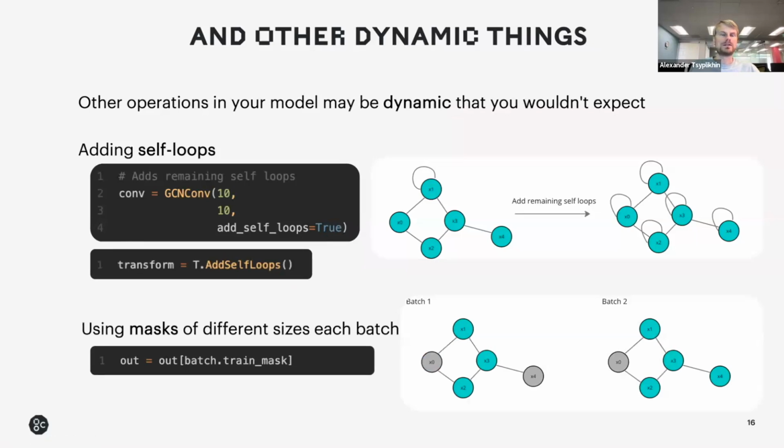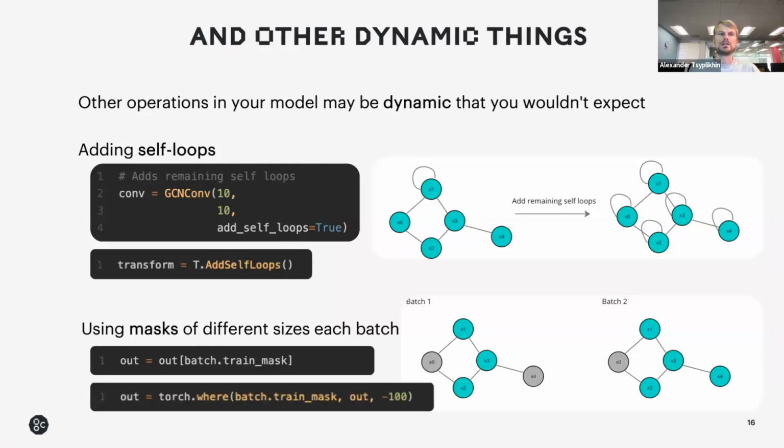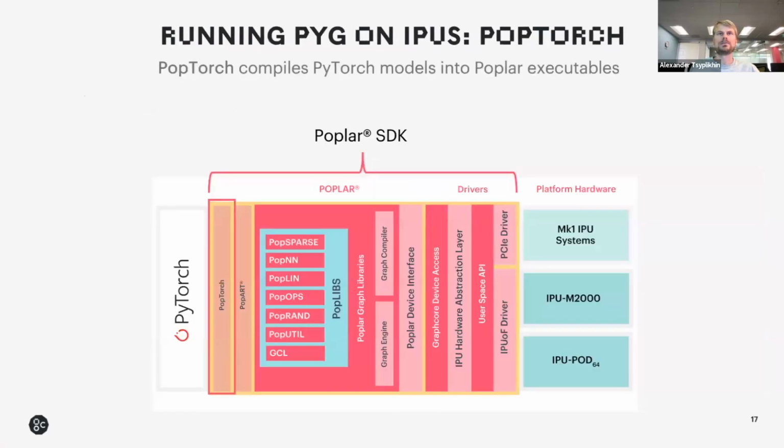If you want to throw away, say, specific nodes from the loss, then instead of selecting as shown here by the mask, you can use the torch.where operation and set the loss of the unwanted nodes to a small value, so it does not contribute to the final gradients in the training.